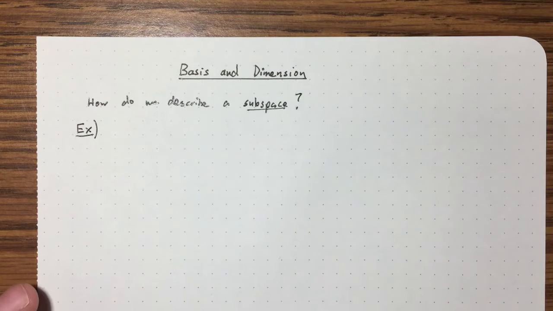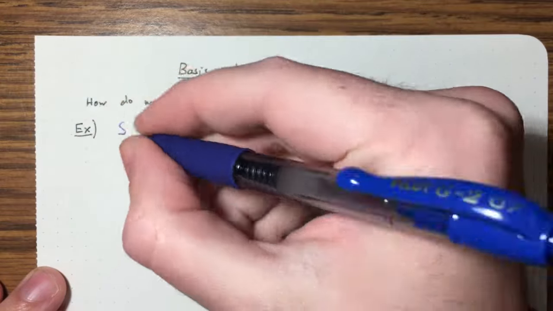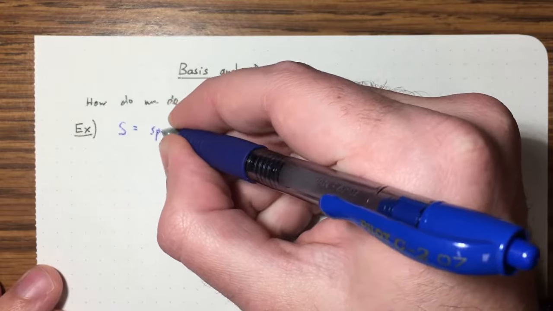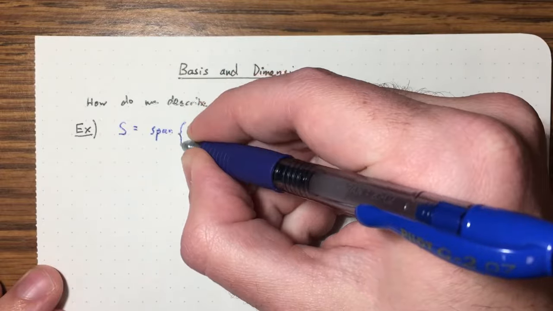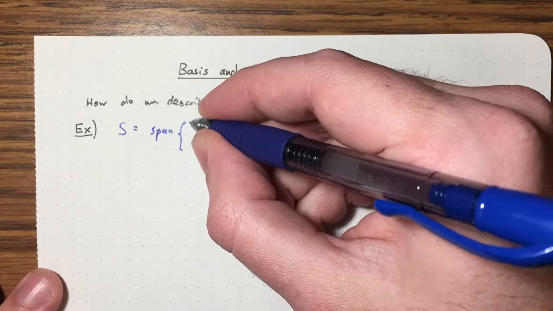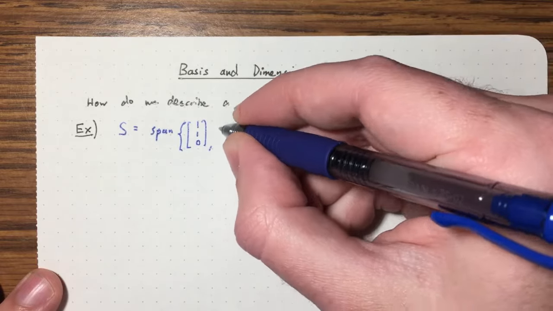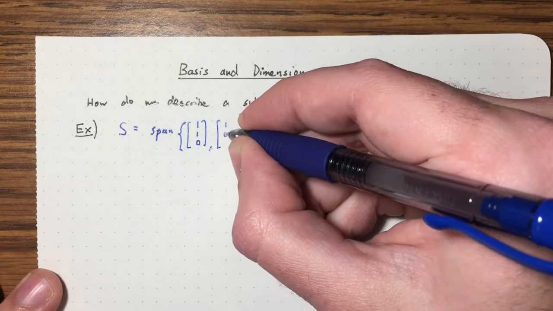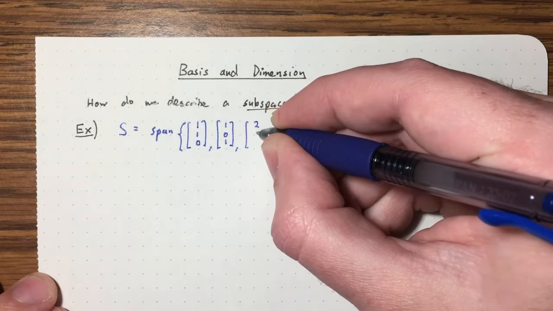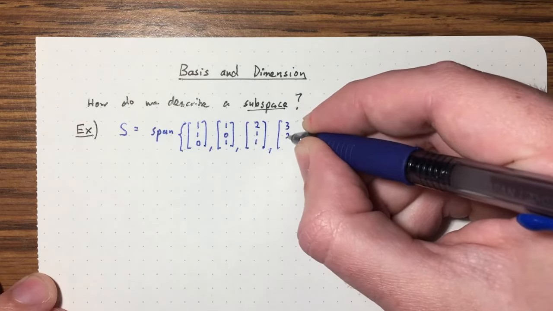So let's start with a subspace. I'm going to give you the subspace as the span of a set of vectors. So it's a span of, let's do (1, 1, 0), (1, 0, 1), (2, 1, 1), and (3, 2, 1).